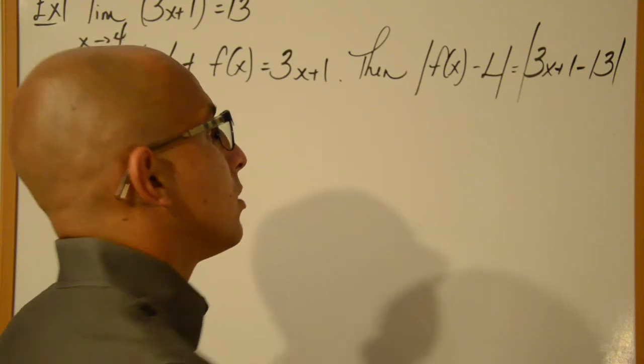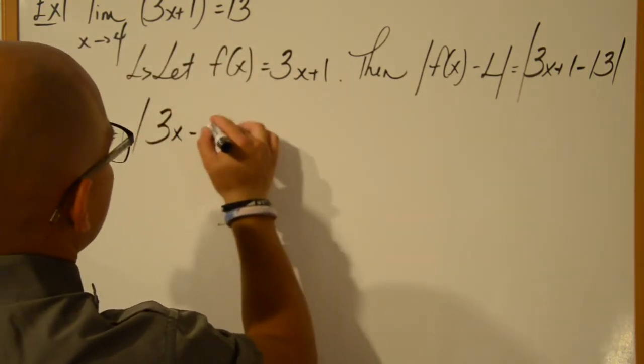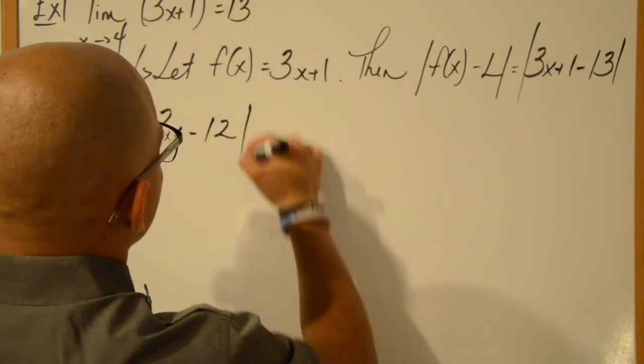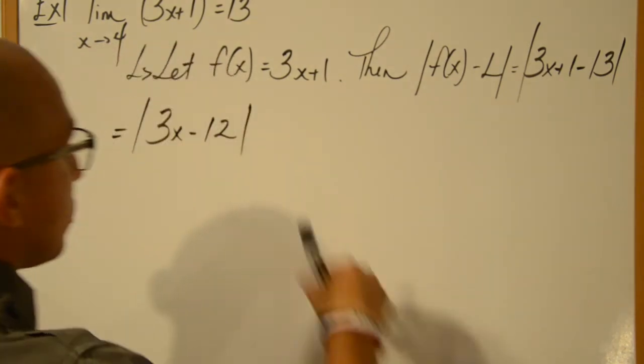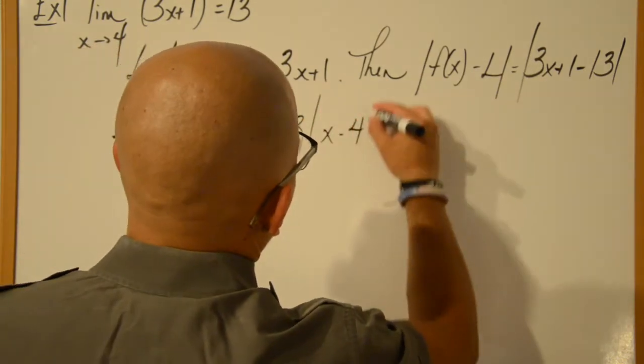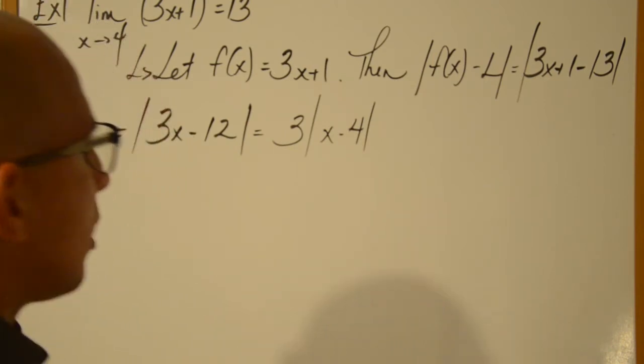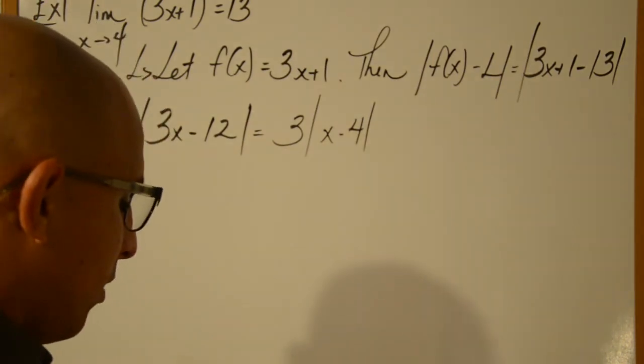We algebraically simplify, and we arrive at 3x minus 12, which we can further simplify to this expression: 3 times the absolute value quantity of x minus 4.